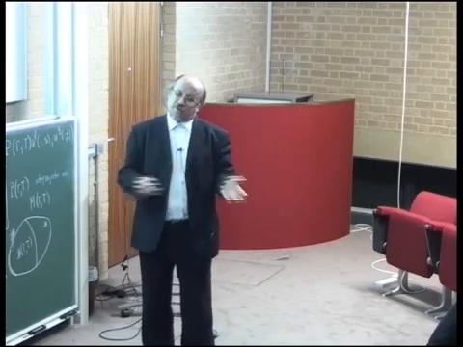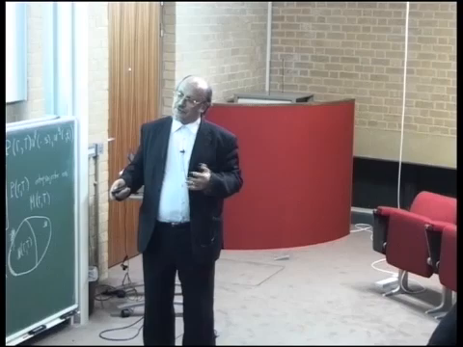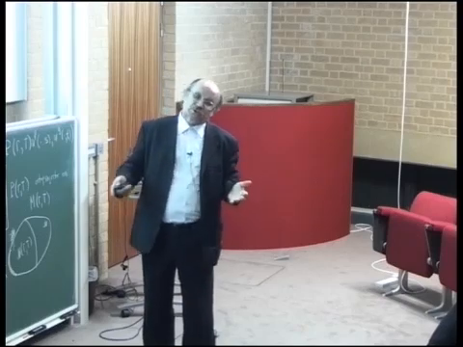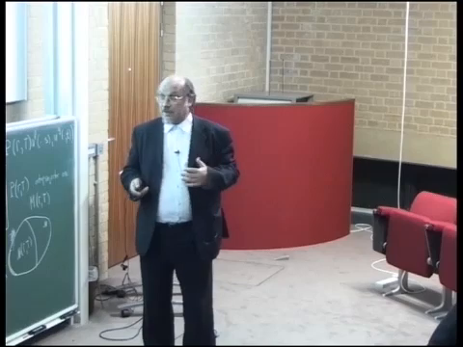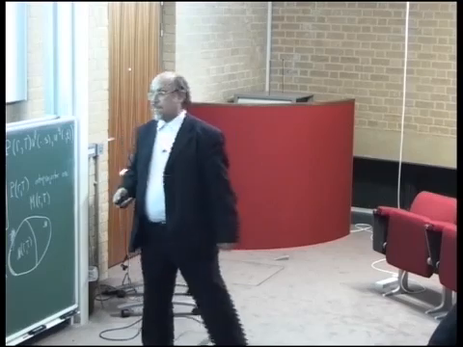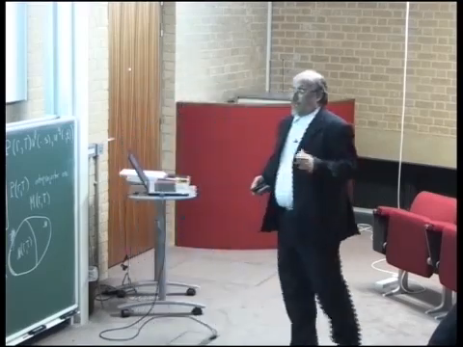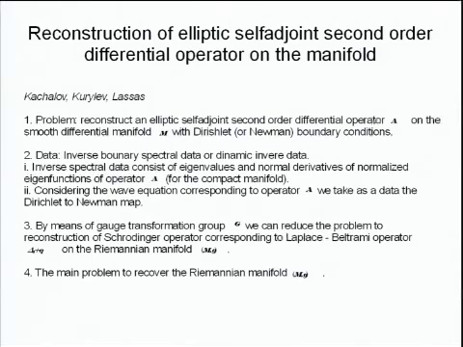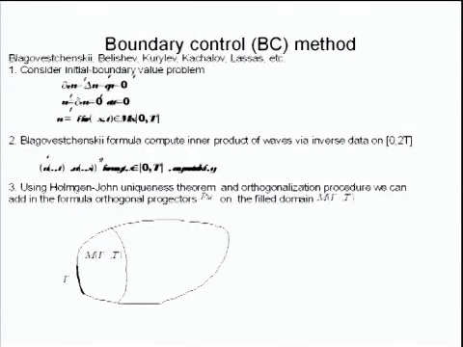We say Dirichlet-Neumann map or Neumann-to-Dirichlet map, or it doesn't matter in fact. We need both data. Okay. The main idea of the boundary control method is the so-called Blagoveshchensky formula.